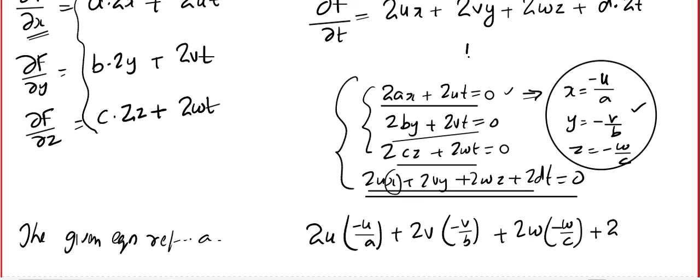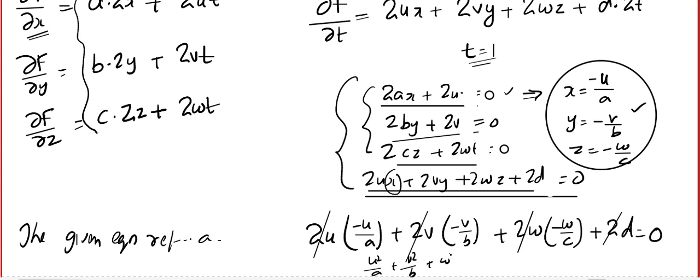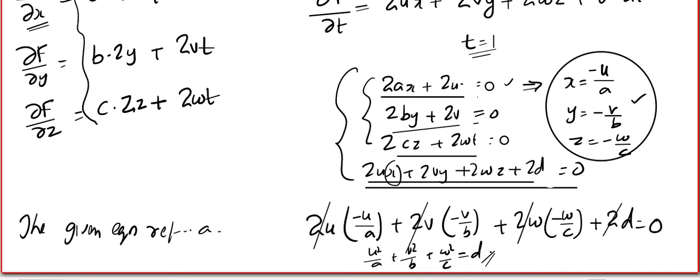By the way, t is actually 1, right? So I should have kept 1 here. I solved it in the assumption t is equal to 1. So basically you will get 2d minus u squared by a minus v squared by b minus w squared by c equal to 0, that is, u squared by a plus v squared by b plus w squared by c is equal to d. Yeah, that's it. I saw this very important question in so many question papers.